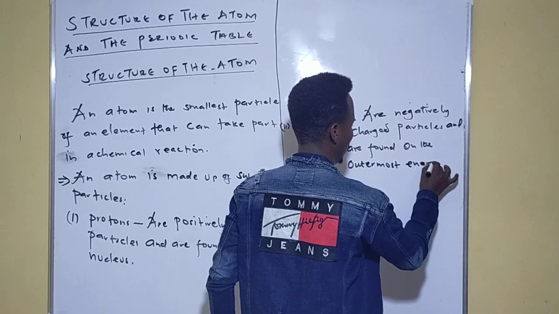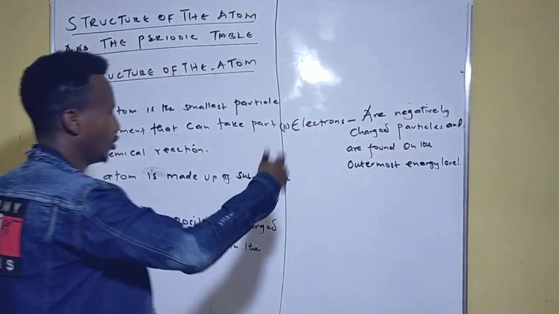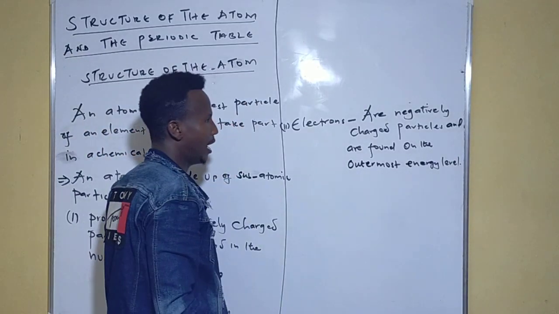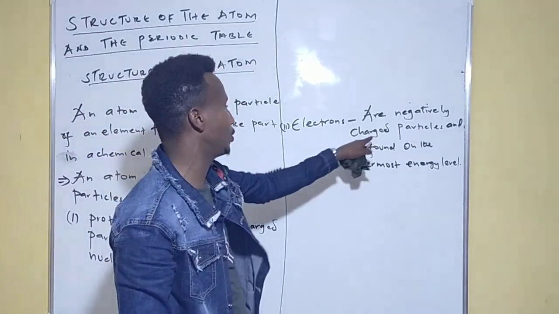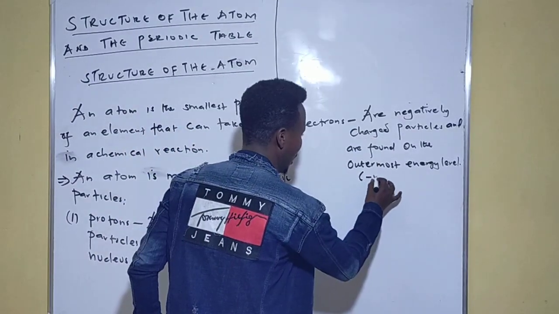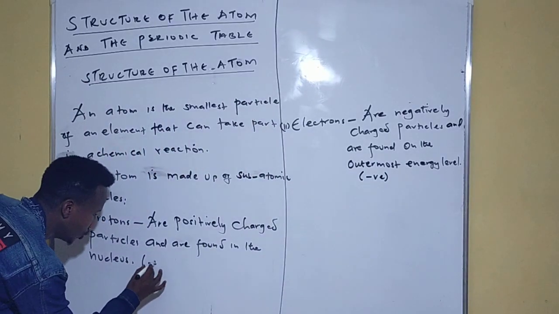Just understand. So electrons have a negative charge, while protons have a positive charge.